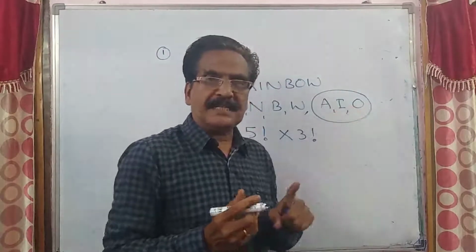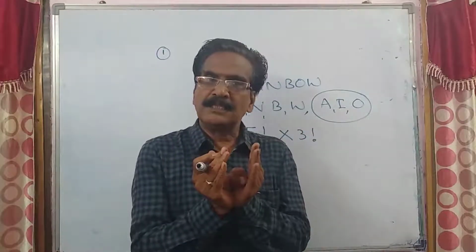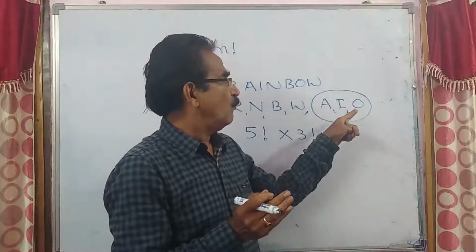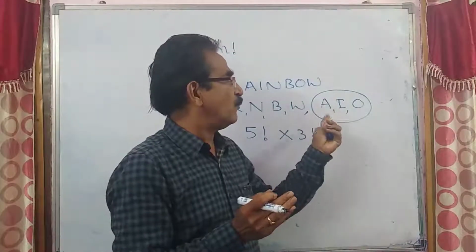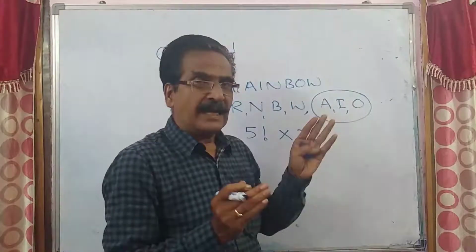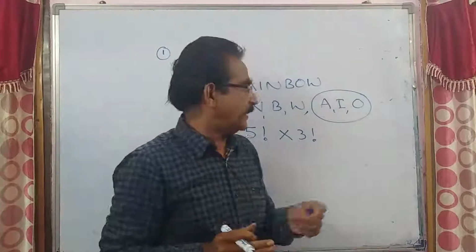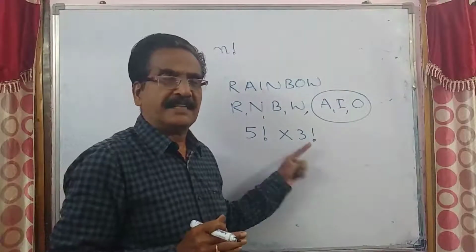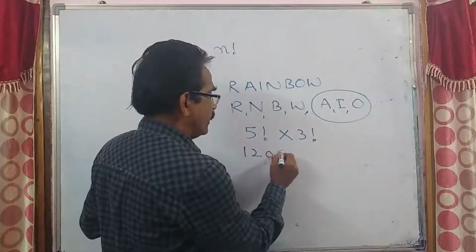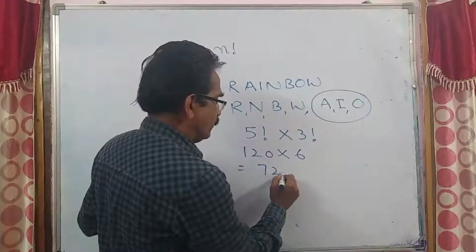Internal permutation means all three vowels will be at the same place, but as A, I, O, or I, A, O, or I, O, A, like that. So these three vowels can be internally permuted in 3 factorial ways. So in total, 5 factorial, 120, into 3 factorial, 6, that is 720 ways.